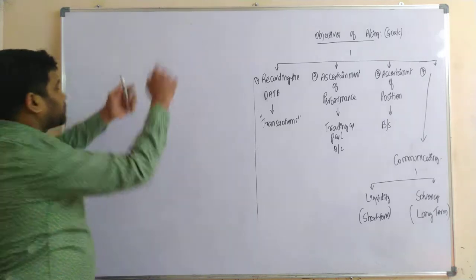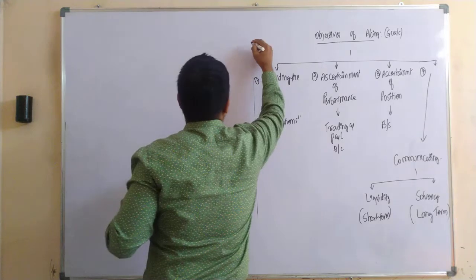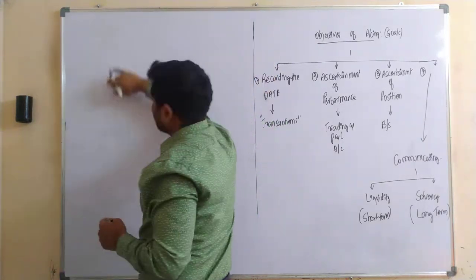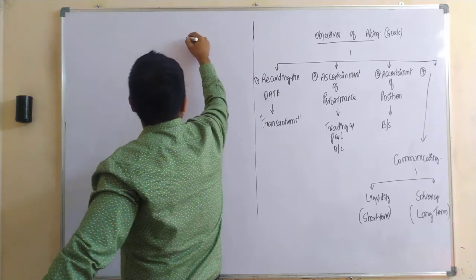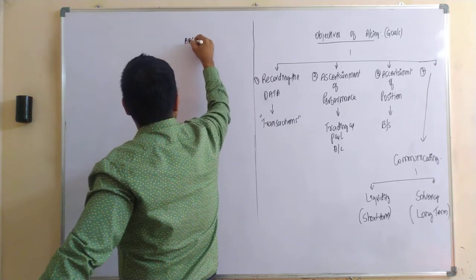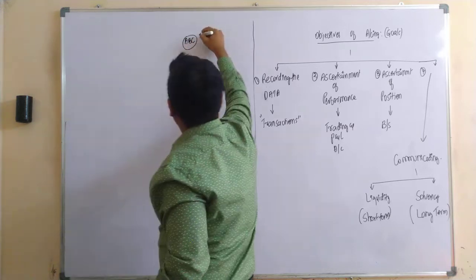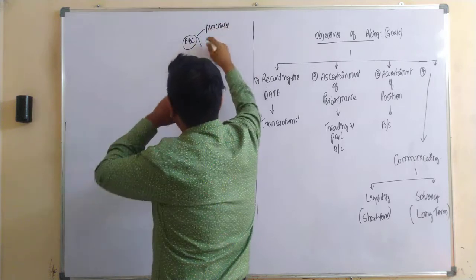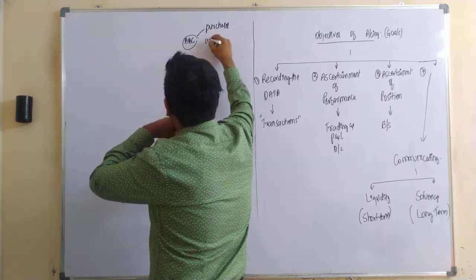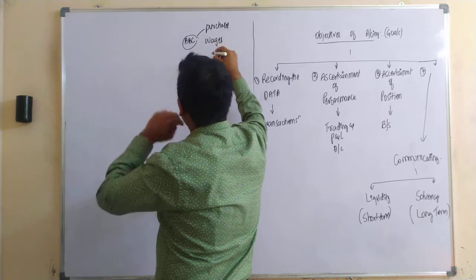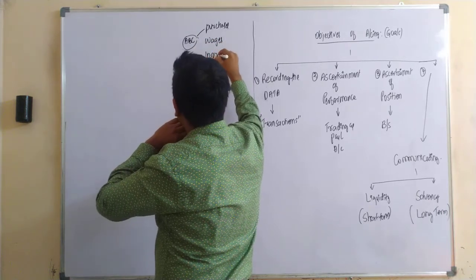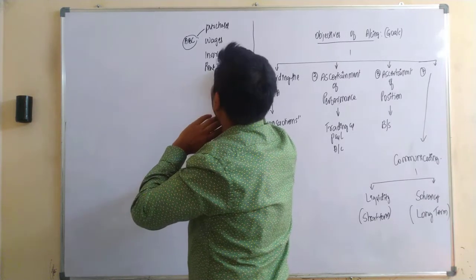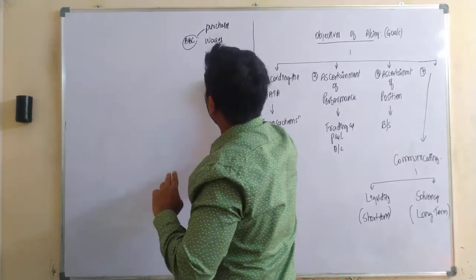Now let's continue. Let's have an example here. Let's say we have a company ABC where they have purchases, they are paying some wages, they have insurance, they are paying some rent and so on, and also they have some sales.